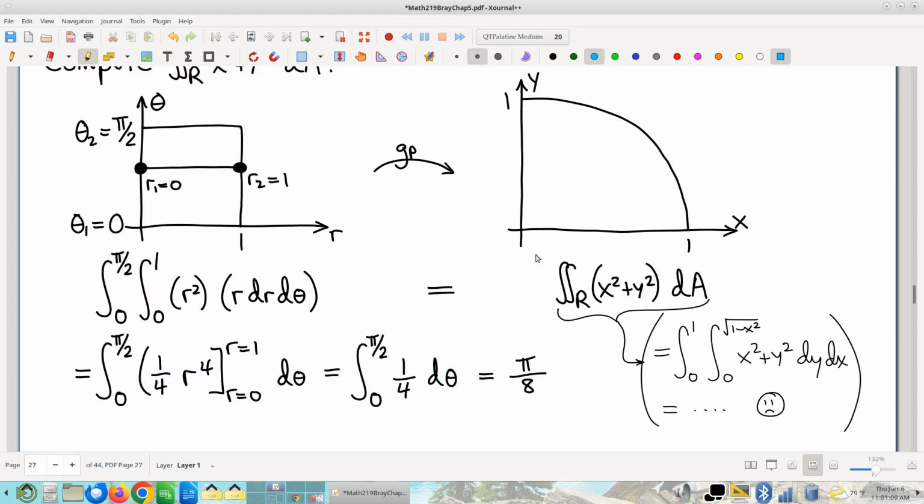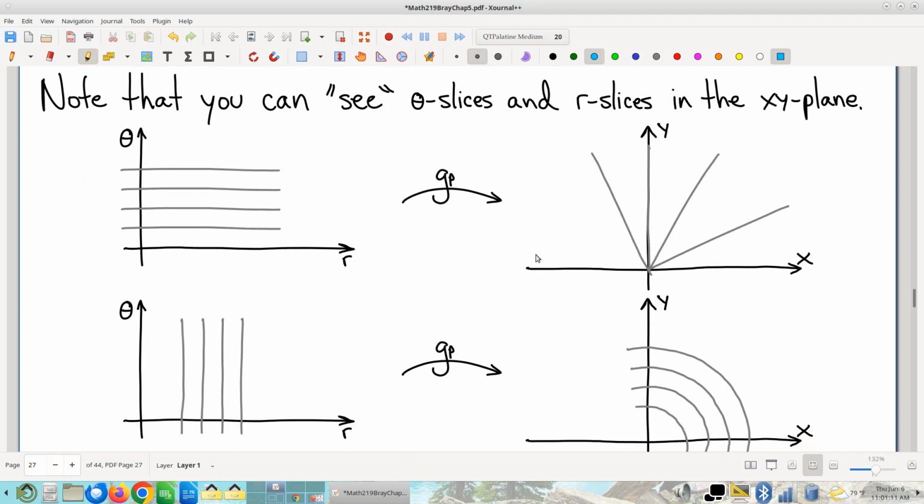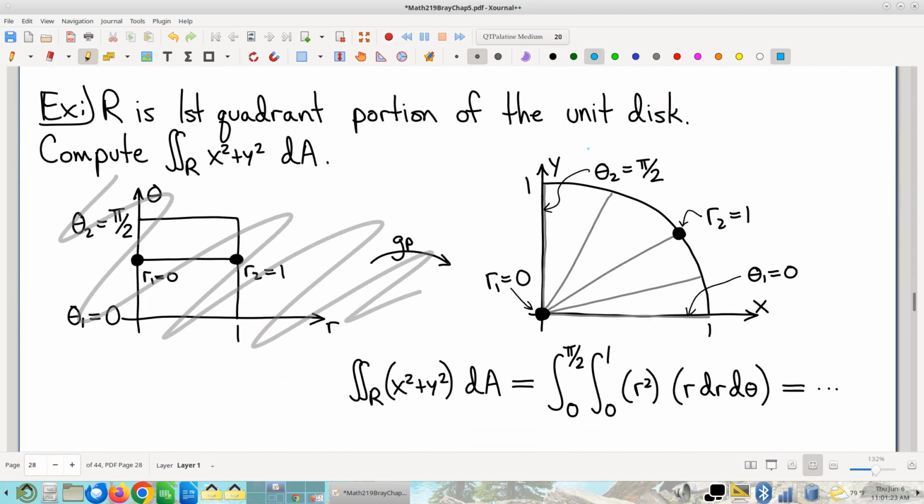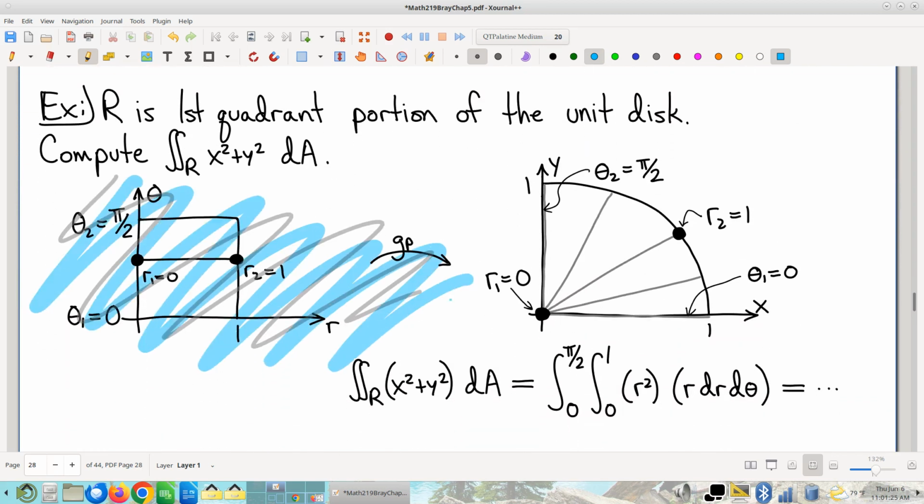We streamlined that by making the observation that all the slicing process that you do in the r theta plane, you can just explicitly see it already in the xy plane. And so you don't have to draw the pullback.